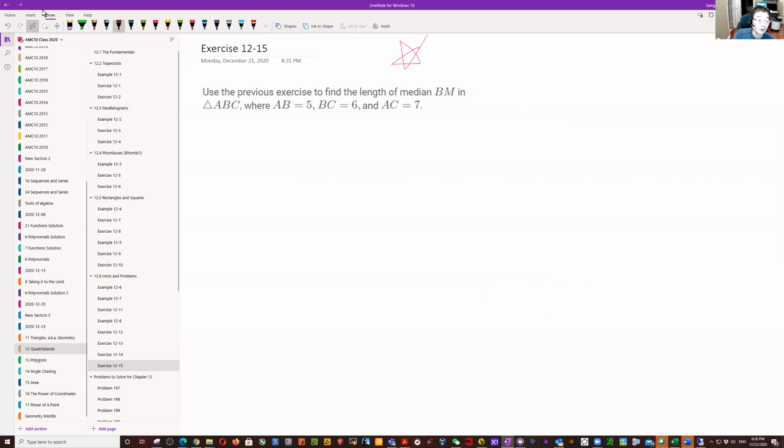So let's try to apply this fact to calculate something. Use the previous exercise to find the length of the median. You are able to find the length of the median if you measure. So for example, this is triangle ABC, AB is 5, AC equals 7, BC equals 6.